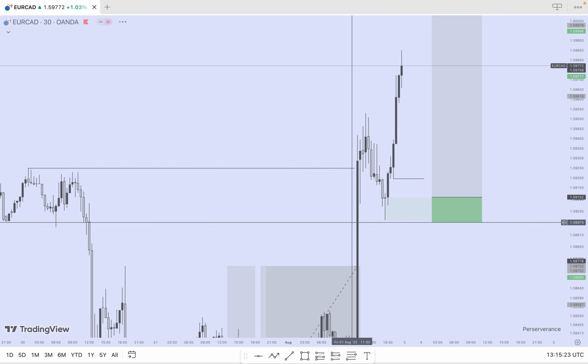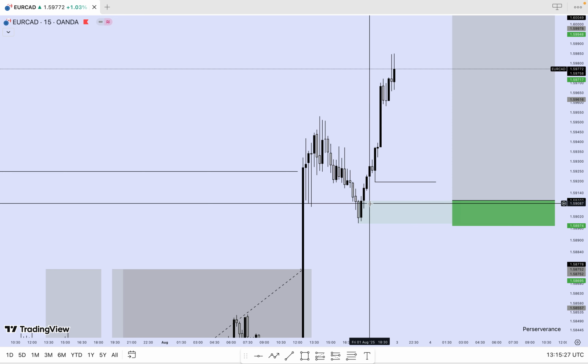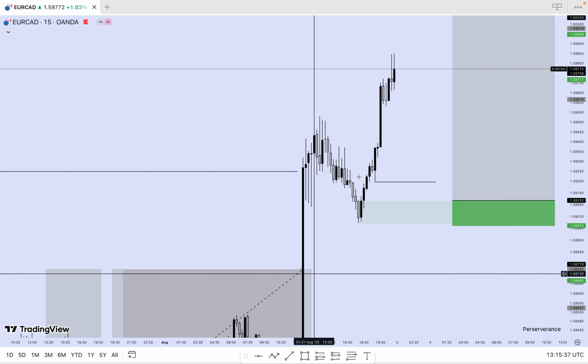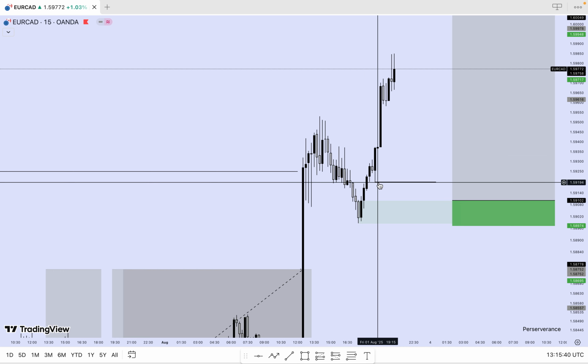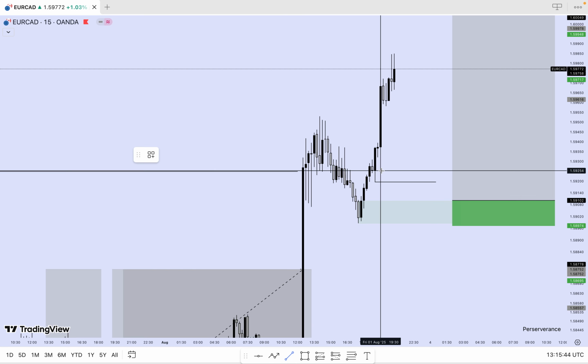Let me go down to the 15 minutes time frame. An order block here, unmitigated, which means this point of interest has triggered a break of structure. After this order block, the first pullback, which is this weak one, is now our inducement.